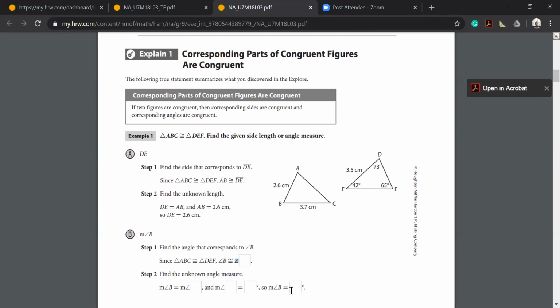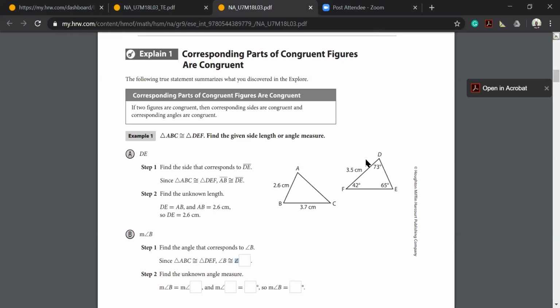Girls, there is a very, very important thing here that unfortunately may lose marks for you. When you are talking about a side length, you have to write for me the unit of the side. It's a centimeter, it's an inch, it's a meter, it's whatever. You have to write the unit for you and for me to understand that this is a side length.